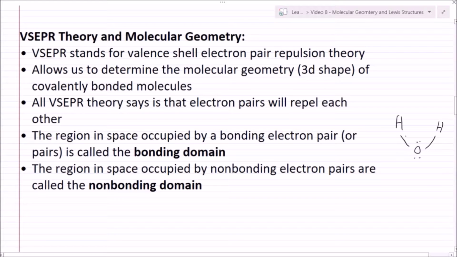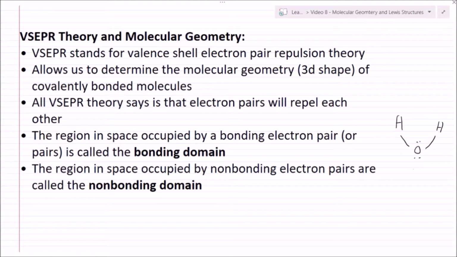It's occupied by a bonding electron pair. Now the region in space occupied by a non-bonding electron pair or pairs is called the non-bonding domain. So here would be the non-bonding domain, because these electrons here on oxygen are not participating in the covalent bond.